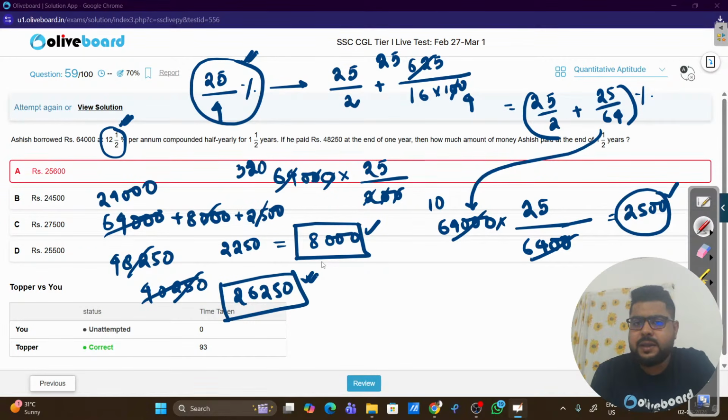26,250 again I'm getting. So that means after he has paid back this 26,250, there will again be interest on that. So my value has to be greater than 26,250. So the only possible value is this. Then there is some mistake in the question.